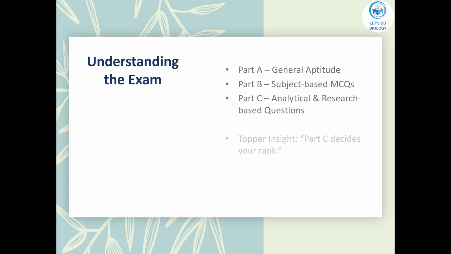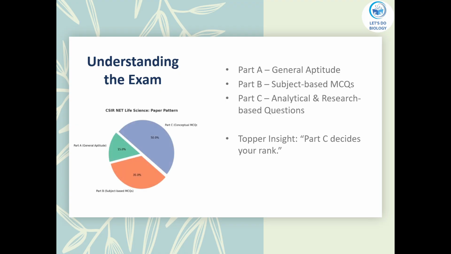Among these three parts, your Part C will decide your rank, because Part C carries 4 marks, and if you get 22 to 23 questions correct out of 25, then you can get 120 plus marks and be among the top rankers. So let's see the distribution of these three parts.